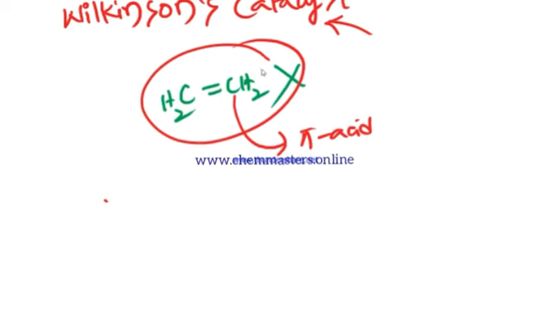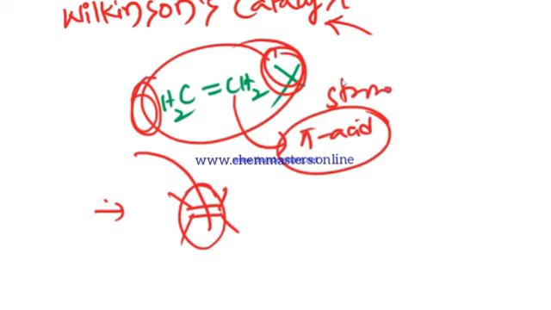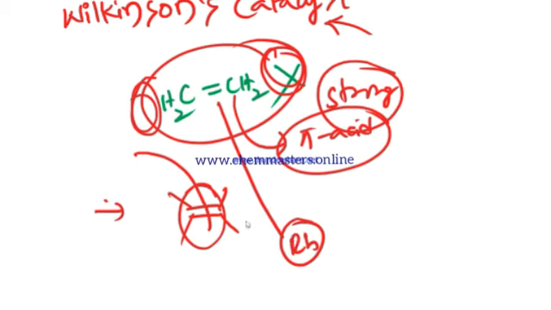Okay, and there is no steric effect or steric factors, right? And another important point, just remember that whenever steric factors or steric repulsions increase on an olefin, the rate of hydrogenation decreases. Here the simple olefin is a strong pi acid, and due to lack of steric factors, it can interact with the rhodium transition metal of Wilkinson's catalyst very strongly.